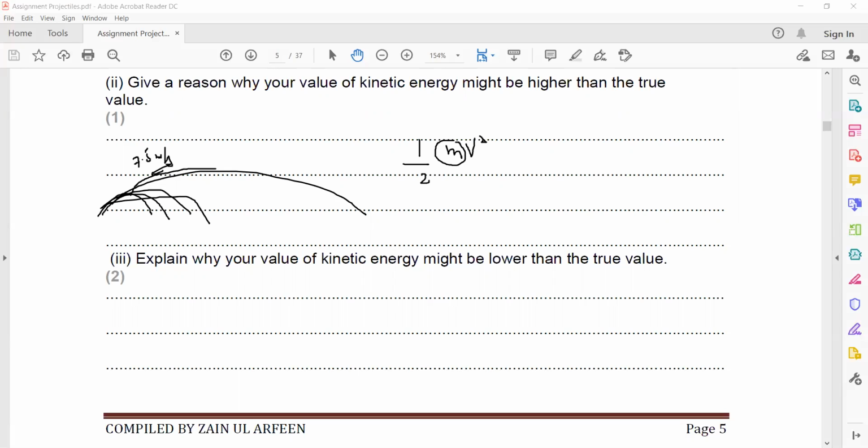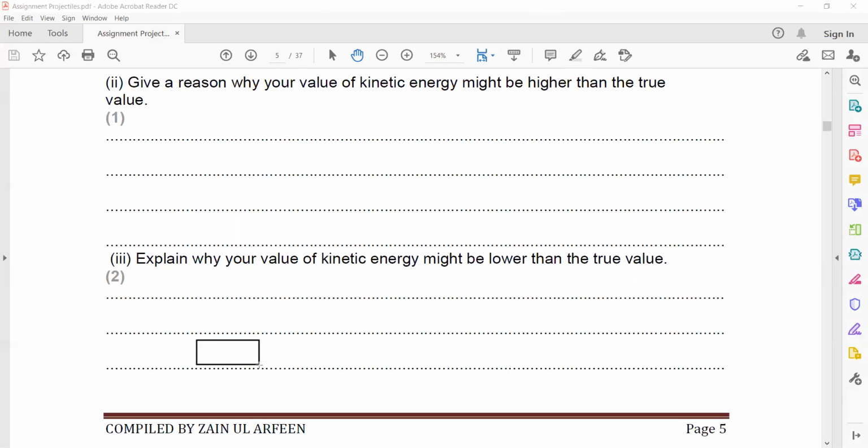And the second part, they're saying, explain why your value of kinetic energy might be lower than the true value. Like the true value is higher, but our value of the kinetic energy might be lower. Because as the liquid is coming out from the bottle, it is coming out with a speed of 7.5.